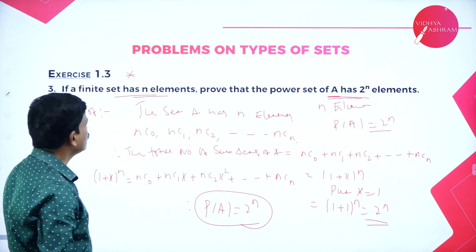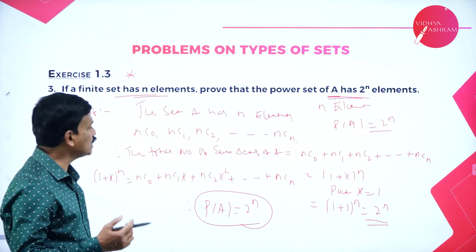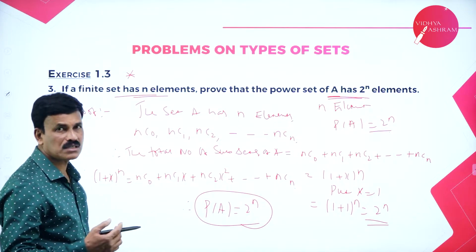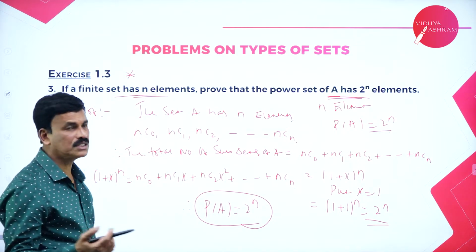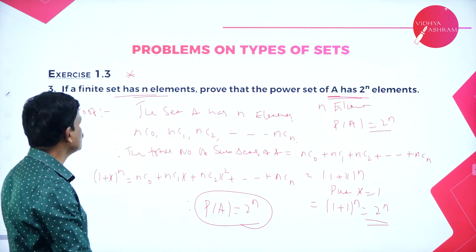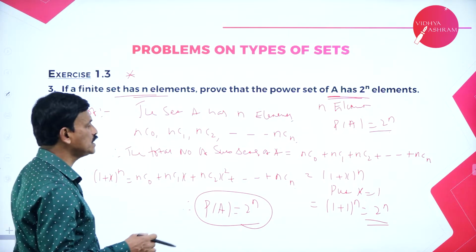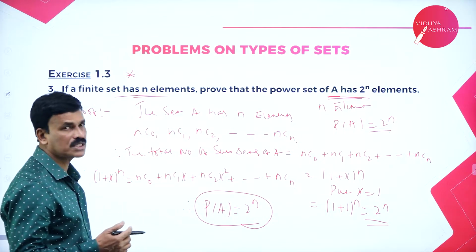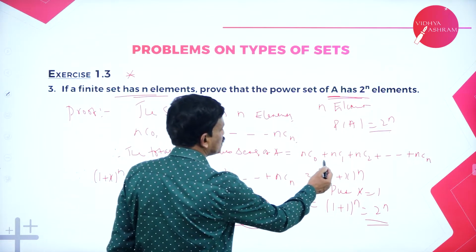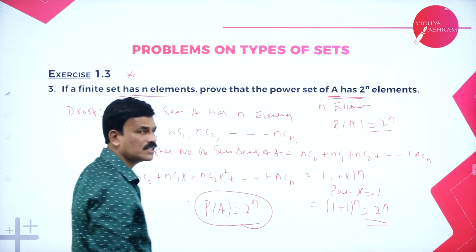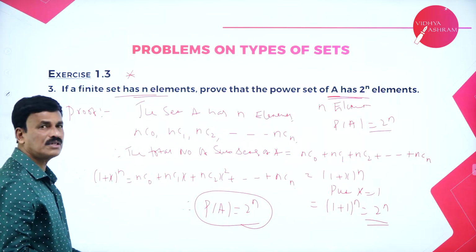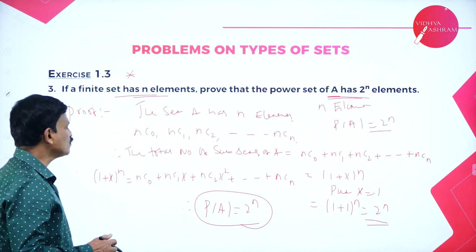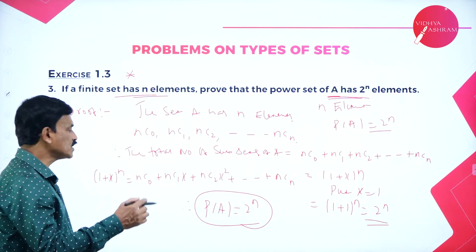Listen to me. Let the set A have n elements. Then a subset may have no element, one element, two elements, or three elements, and so on. That can be written as nC0, nC1, nC2, etc., nCn. The total number of subsets is nC0 plus nC1 plus nC2 plus, etc., plus nCn. Now we know the binomial expansion of (1 plus x) to the power of n is nC0 plus nC1 x plus nC2 x squared plus, etc., plus nCn x to the n.